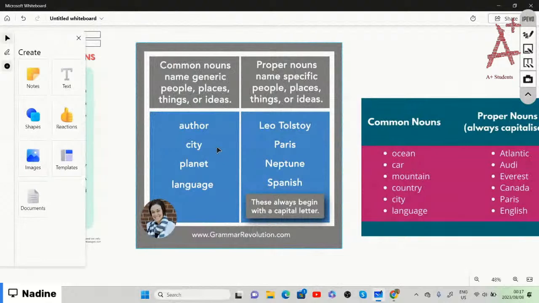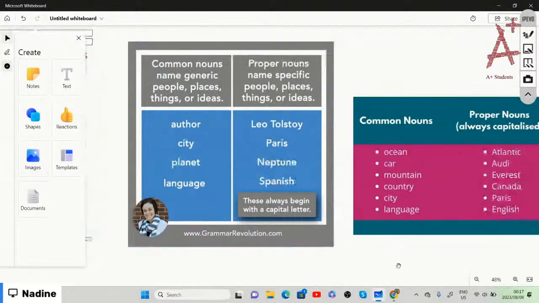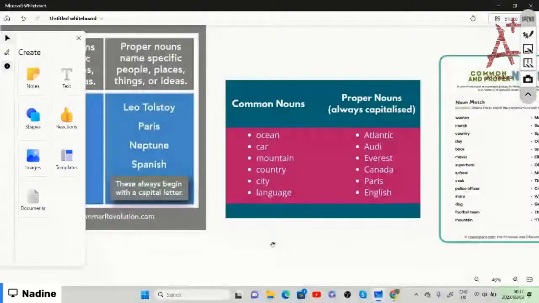If we just say language has changed over time, it can be any language within that country, but if we say Spanish has changed over time, because maybe they speak more than one language, it is specific. And like we said, a proper noun always begins with a capital letter.